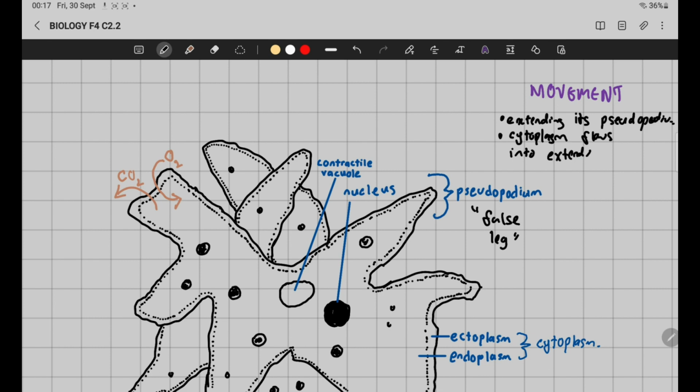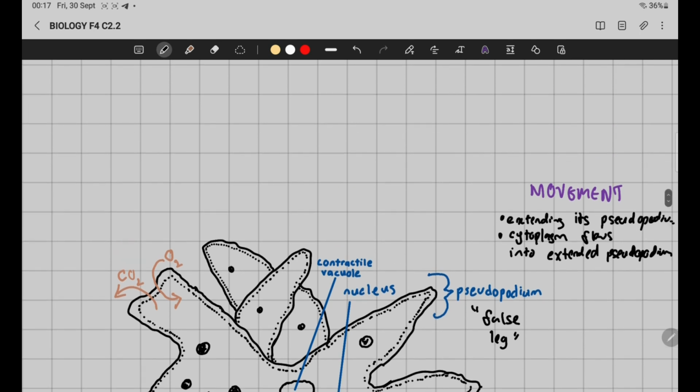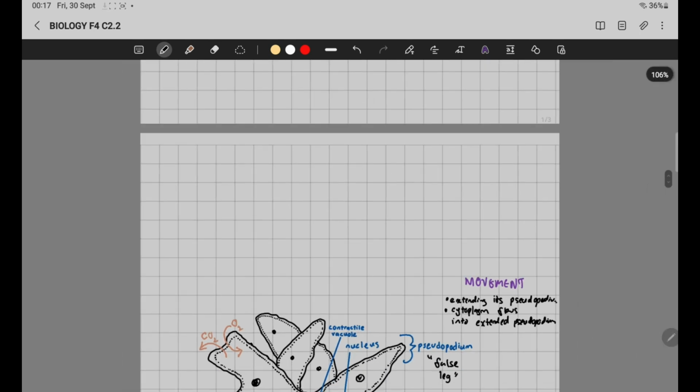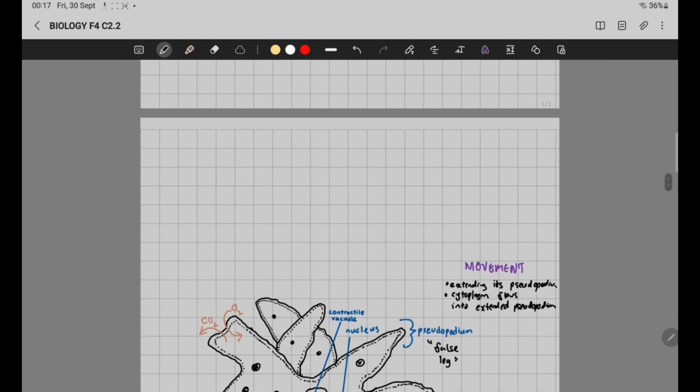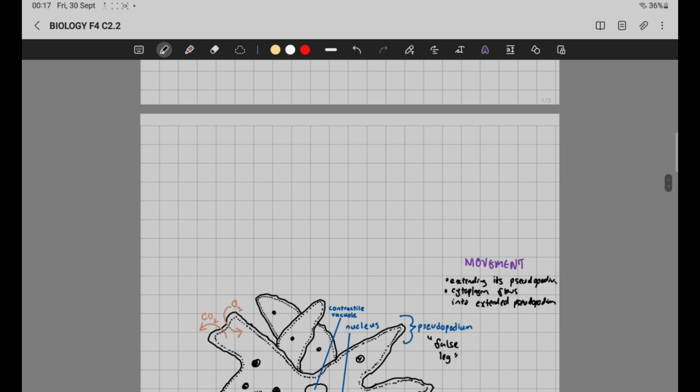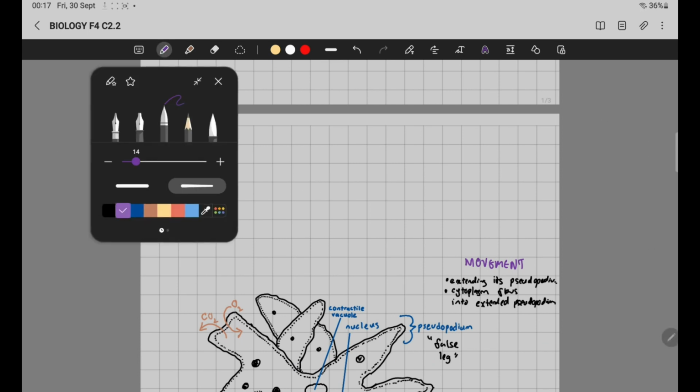This process will occur many times, repeatedly, as the amoeba moves towards something or away from something. Just like humans, amoebae can also sense stimuli, and they can react to those stimuli.